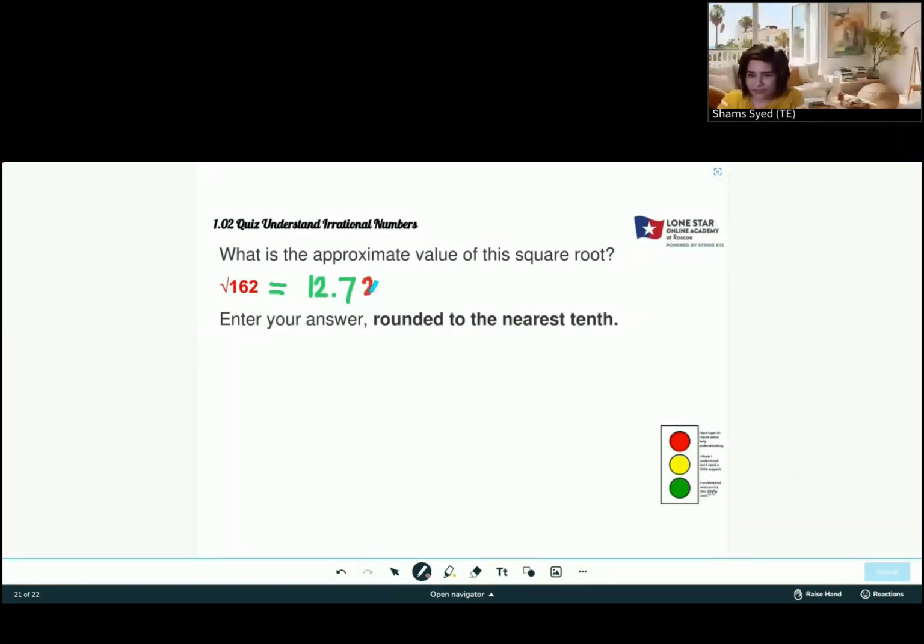Is this 2 big enough to bump the 7 up or do I keep the 7? I keep the 7. Absolutely correct, because the 2 is small. It means we can just keep the 7. So 12.7 to the nearest tenth, to the nearest one decimal. 12.7. Let's move on to the final one.